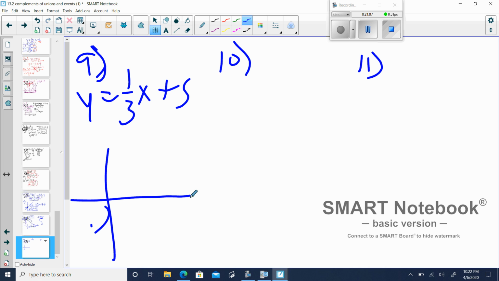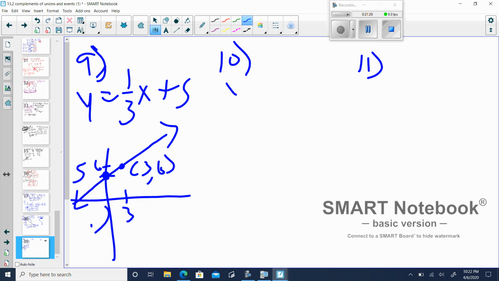I think I mentioned that in class. So come up here to 5. That's the y-intercept, and draw your line. What's happening is you're going up 1 and over 3, so that'll be 3, 6. Boom. That's it, guys.